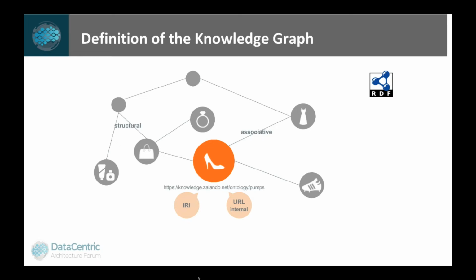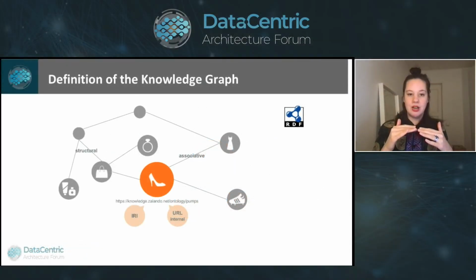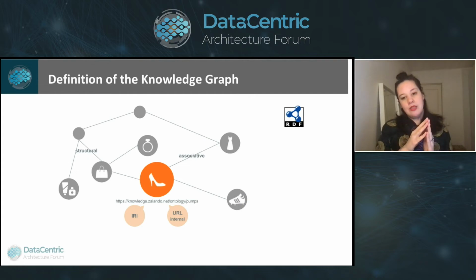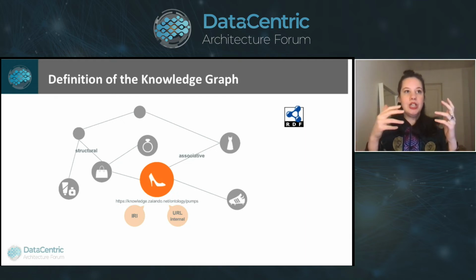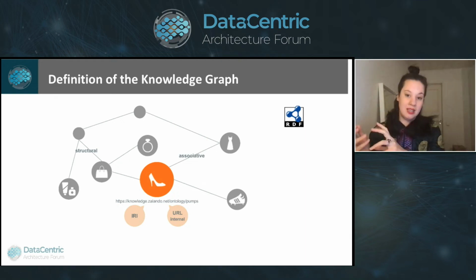But the associative relationships are different. If the structural ones are defining top to bottom, top being very general, bottom being very specific, fashion concepts, and on each level you have different kinds of fashion concepts, then the associative ones go in lateral directions. So you can have a connection from beach to bikini.